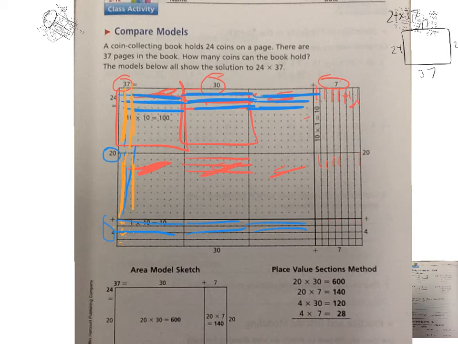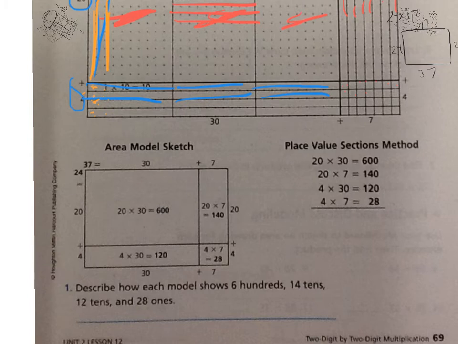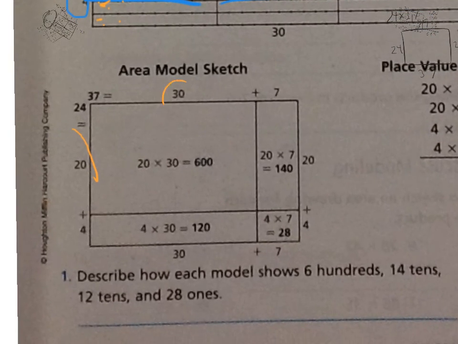So it's a big mess here, and I'm not going to ask you to do it like this on your test, but I want you to be able to understand that all it's doing is basically showing you what we just went over with all of our little rectangle area models. So our area model sketch here has it broken down to 30 plus 7, 20 plus 4.